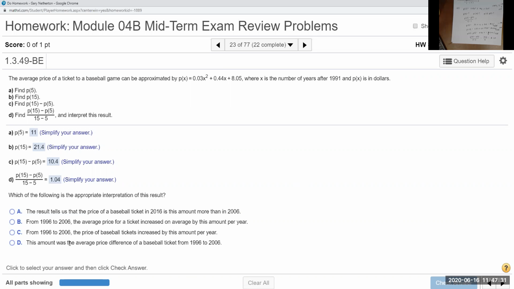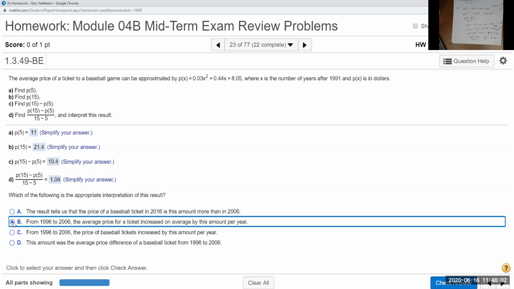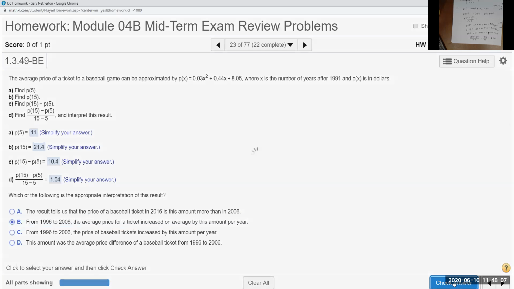Let's look at D. This amount was the average price difference of a baseball ticket. No, because we're doing it on a per year thing. From 1996 to 2006, the price of baseball tickets increased by this amount per year. Not really, because this is an average. The average price for a ticket increased on average by this amount. I think it's this one because it's an average. I won't lose too much sleep over this last one. This is sort of confusing.